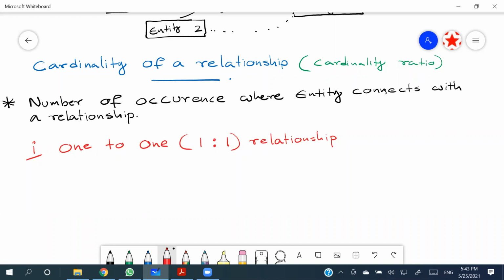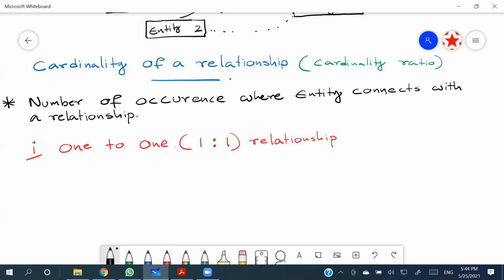So you need to know how to arrive at the final cardinality by reading the given scenario.